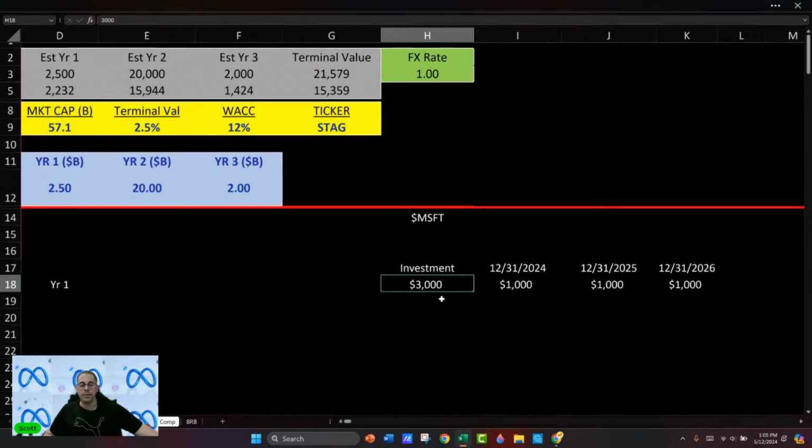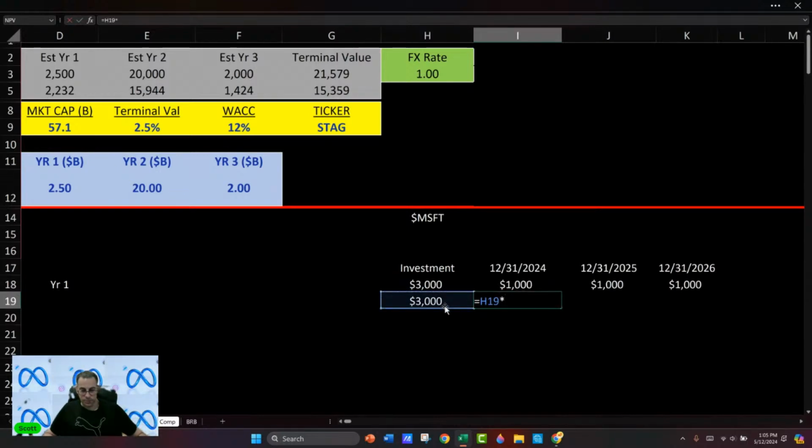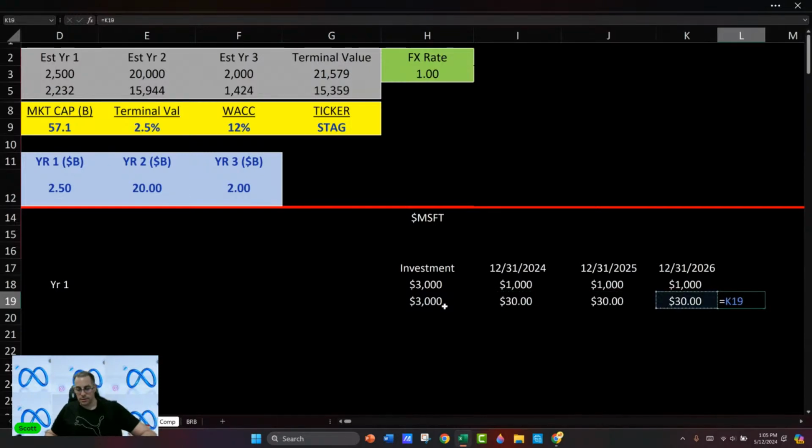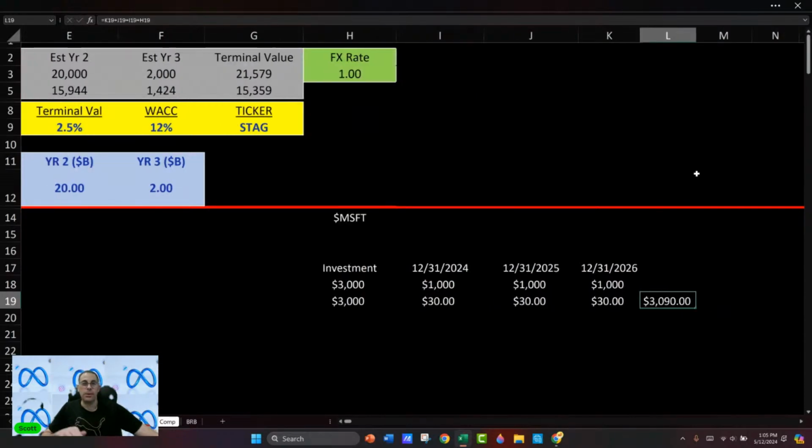Even if you put it into a really low interest savings account at 1%, which isn't a lot of money, and I'm not going to do compounding, you would end up with $3,090 after 3 years.